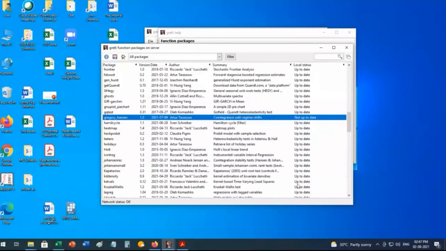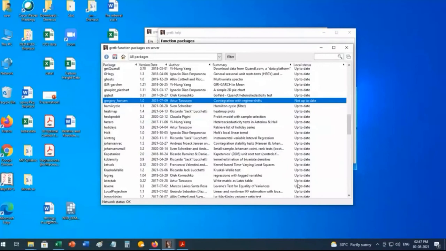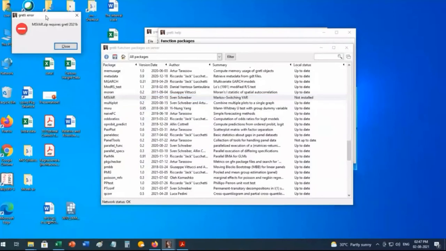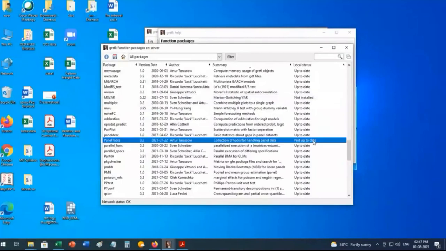So click this one and then go to the install button, click it. Then here also there is some problem. So it is not possible. This also is not up to date. I don't know whether I have done it earlier and there was a problem. Okay. See, this is a new one. It says installed.